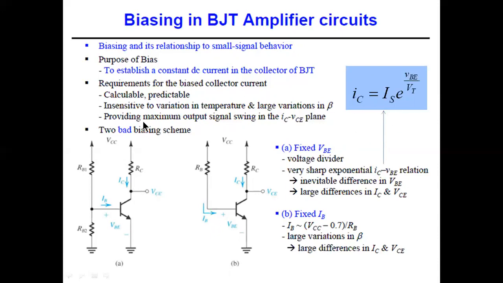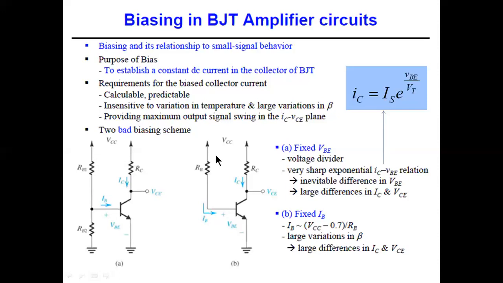Now there are two bad biasing schemes. One of that is shown over here. Please note that there is no emitter resistance here. We have a potential divider network, a collector resistance, and the transistor, no RE. So now in the analysis, we will have the value over here.